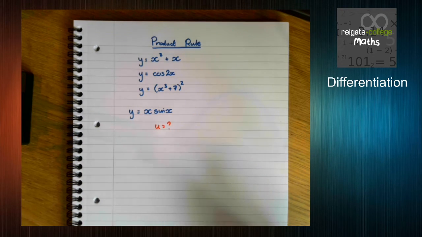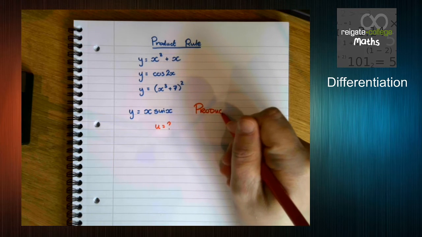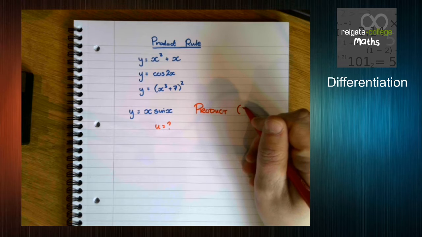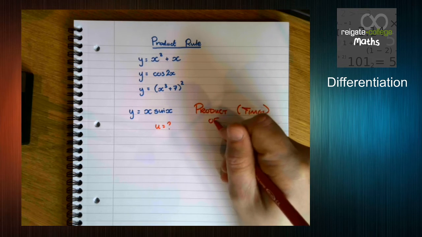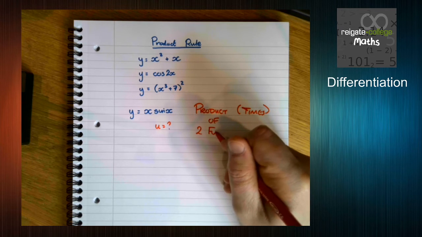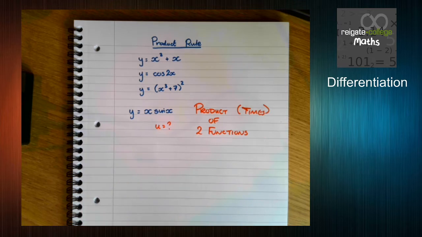And that's where the product rule comes in, because this is a product of two functions. And that's where this rule, this formula, is really important.